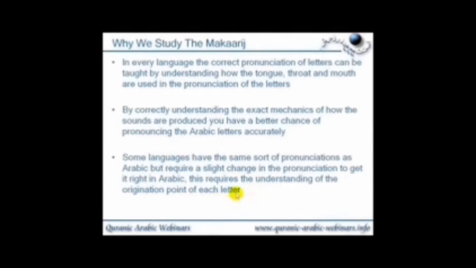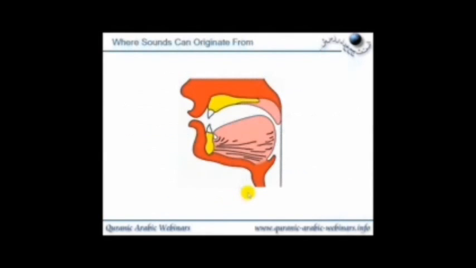It could be even to where they put their tongue when they try to say the letter. So by learning how this works in Arabic, you can slightly adjust your pronunciation to fit in with the Arabic pronunciation. So where can sounds originate from?